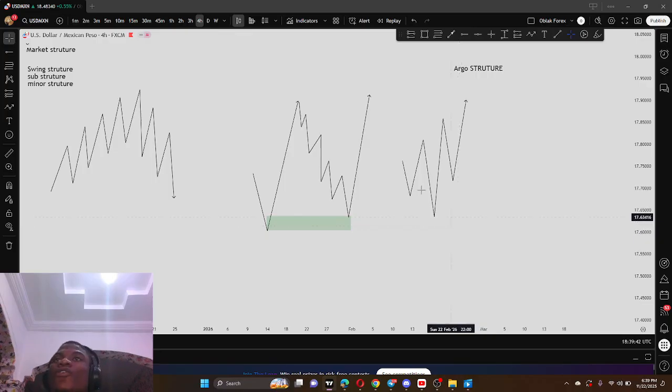So this is algo for me, and how did I end up seeing it as an algo? You can see that this low, the previous low, was taken out by this low and pushed to the upside, taking out the high of the low as well. Then it comes down again, creating a liquidity for me, and pushes to the upside, taking out the high as well. And where is my trade right here?